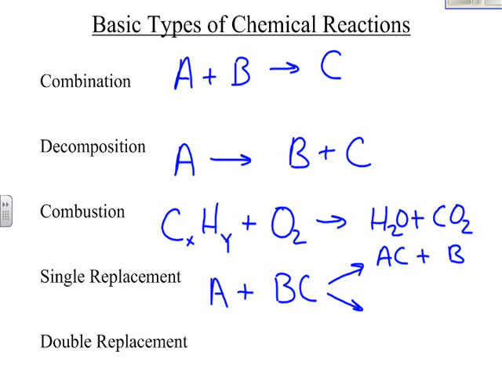Or we can replace, if A is a nonmetal, it can replace the nonmetal part, producing, again, a new compound, but in this case it's the nonmetal that's been replaced.